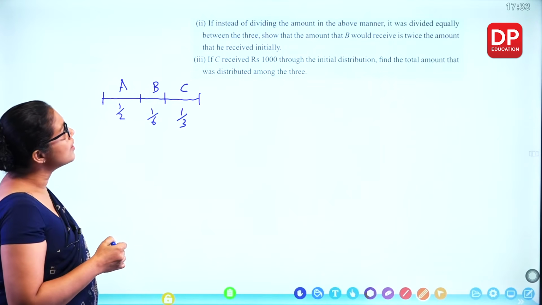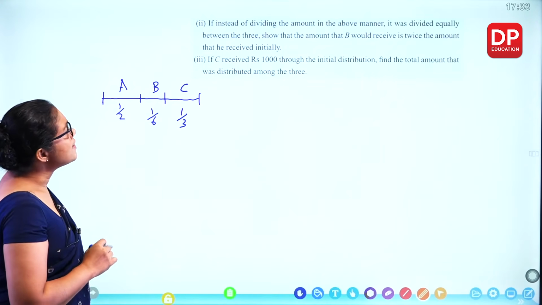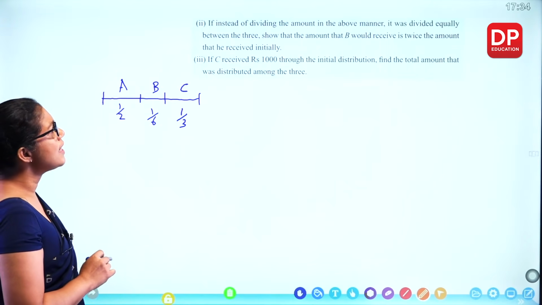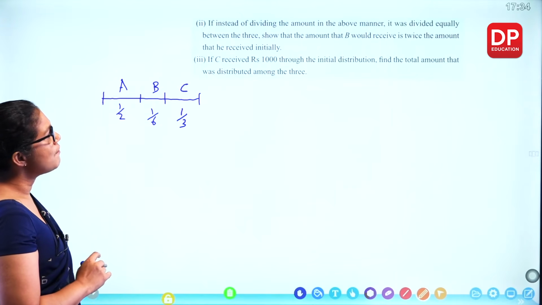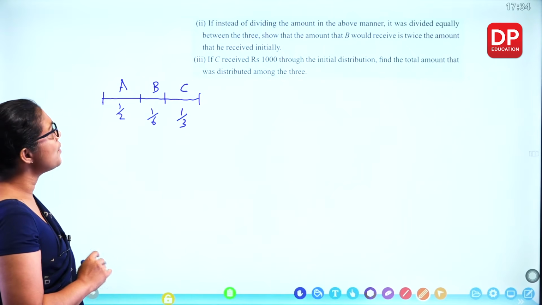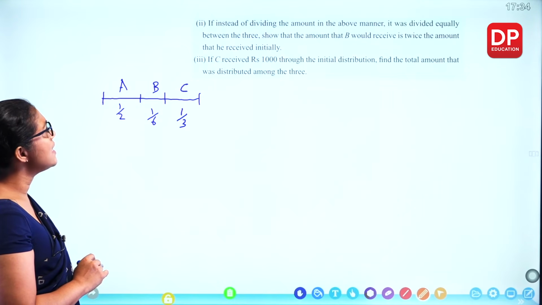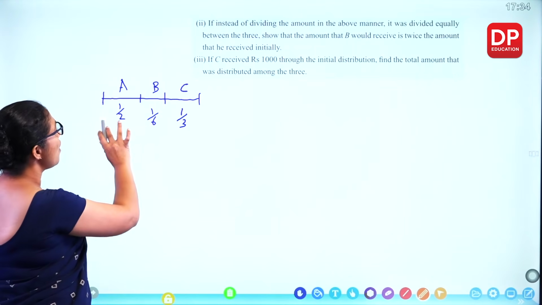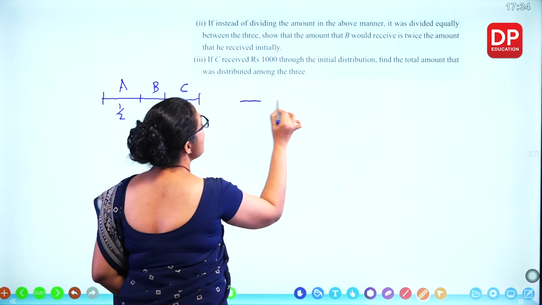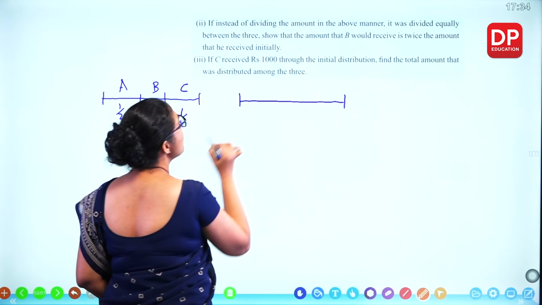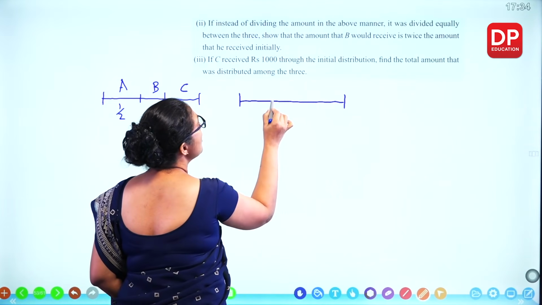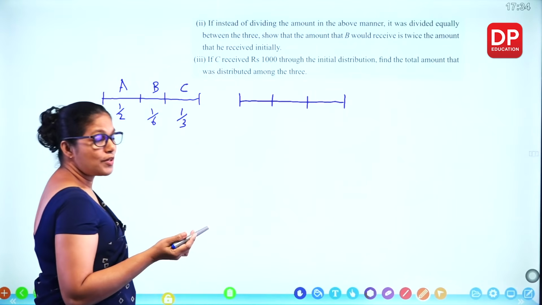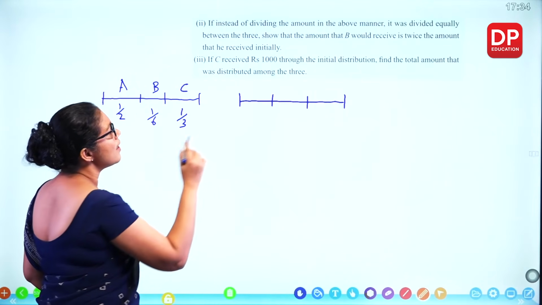Now we'll try to continue this question. If instead of dividing the amount in the above manner, it was divided equally between the three, show that the amount that B would receive is twice the amount that he received initially. Now instead of this, if you divide this equally, equally means there are 3 people, so 3 parts.